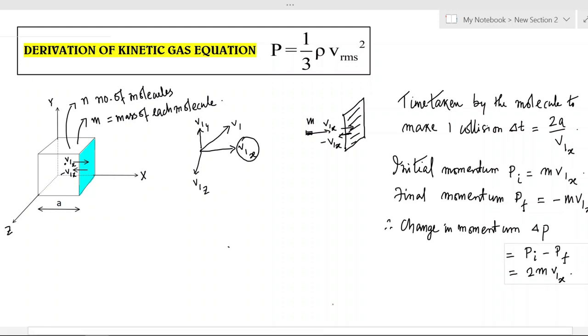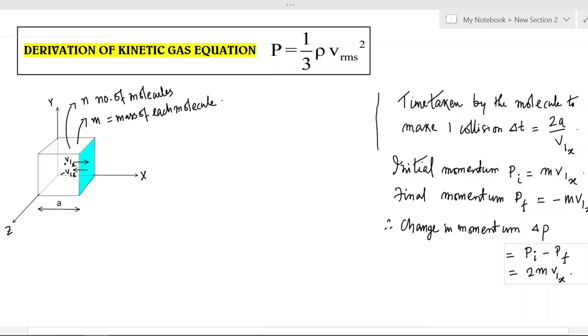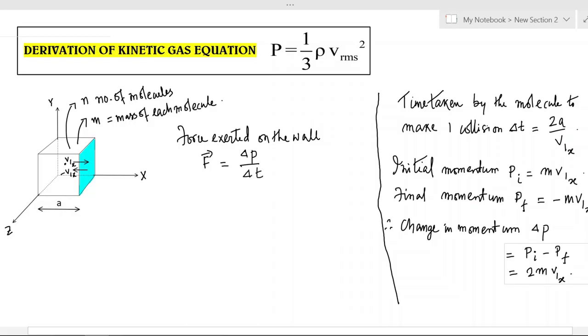Now you tell me how to calculate the force exerted on the wall, F. How do we calculate the force? Force is calculated by the change in momentum divided by the change in time, isn't it?